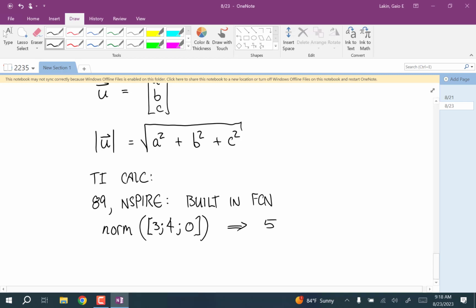So if you have an 89 or Inspire, it's already built in. If you have an 84, 86, 83, you can program it quickly, and then you use it basically the same way as this.